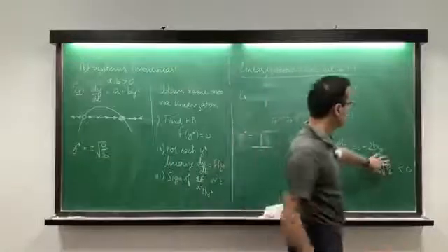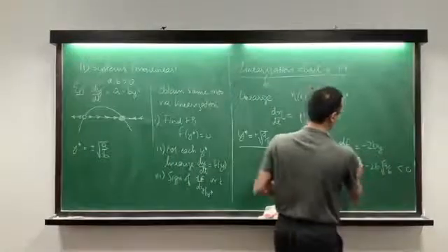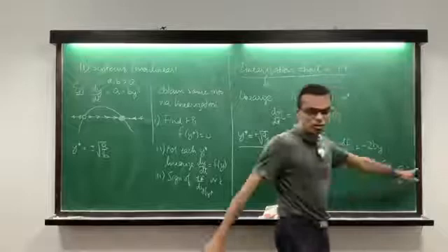So this gives us df by dy at y star, which is a constant, is less than 0.